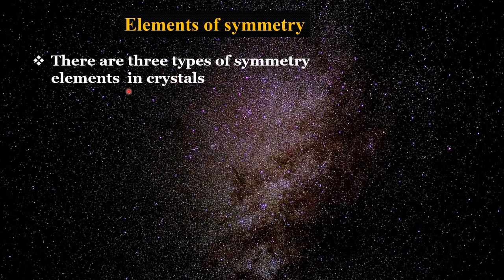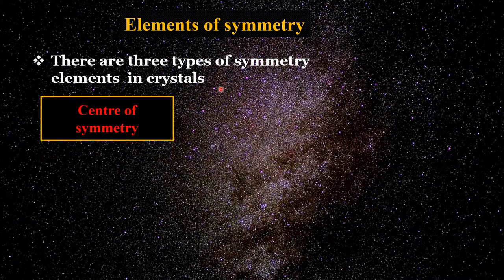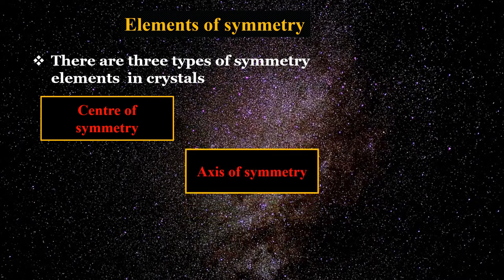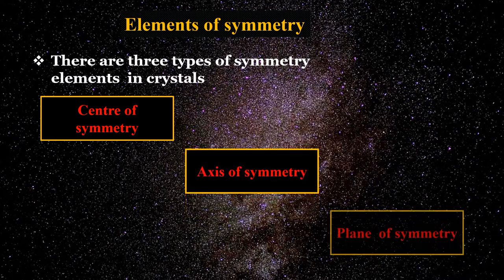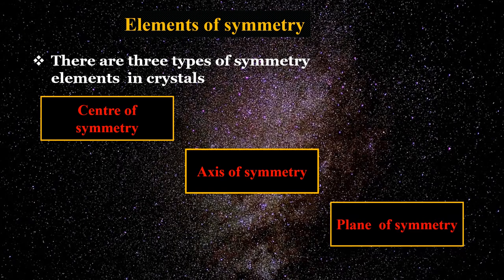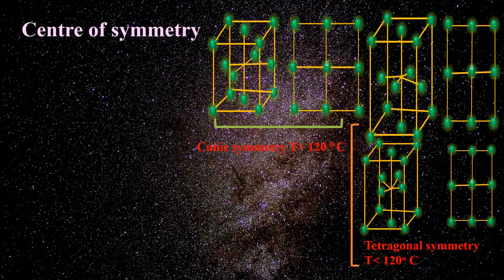There are three types of symmetry elements in the crystal: center of symmetry, axis of symmetry, and planes of symmetry. First of all, we will discuss the center of symmetry.